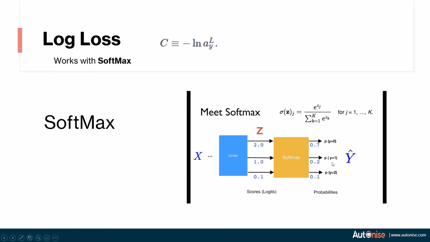Otherwise, if the model outputs less than 1, then ln of a value less than 1 is a negative number. So negative of negative, which is the minus sign outside, is a positive number. Hence, the cost function is positive for values less than 1 and 0 for exactly 1.